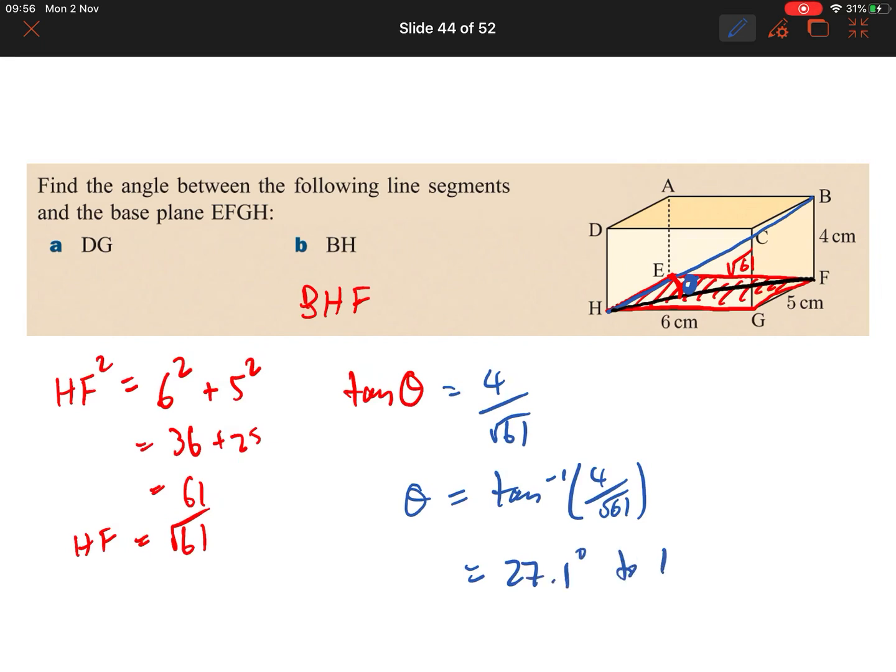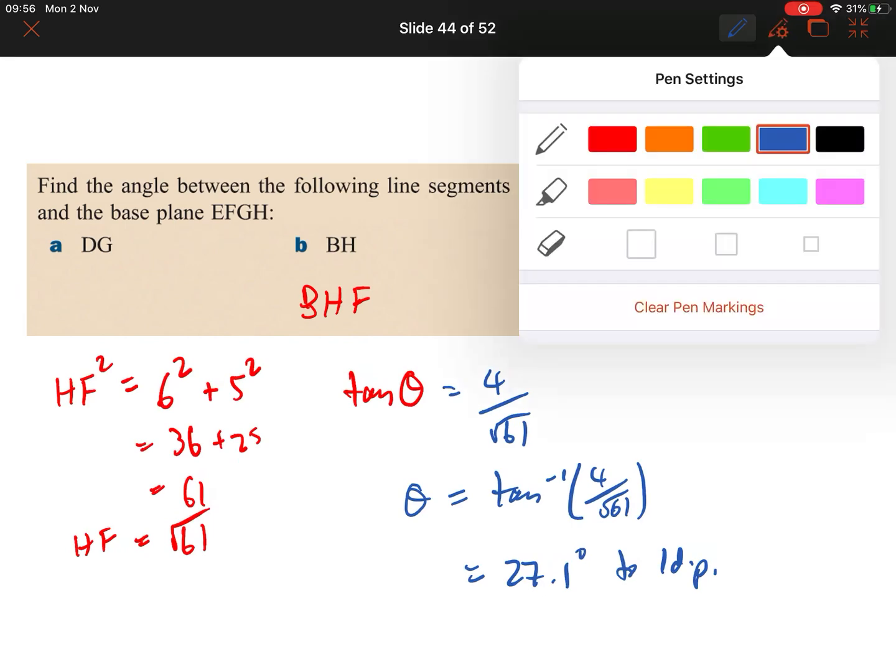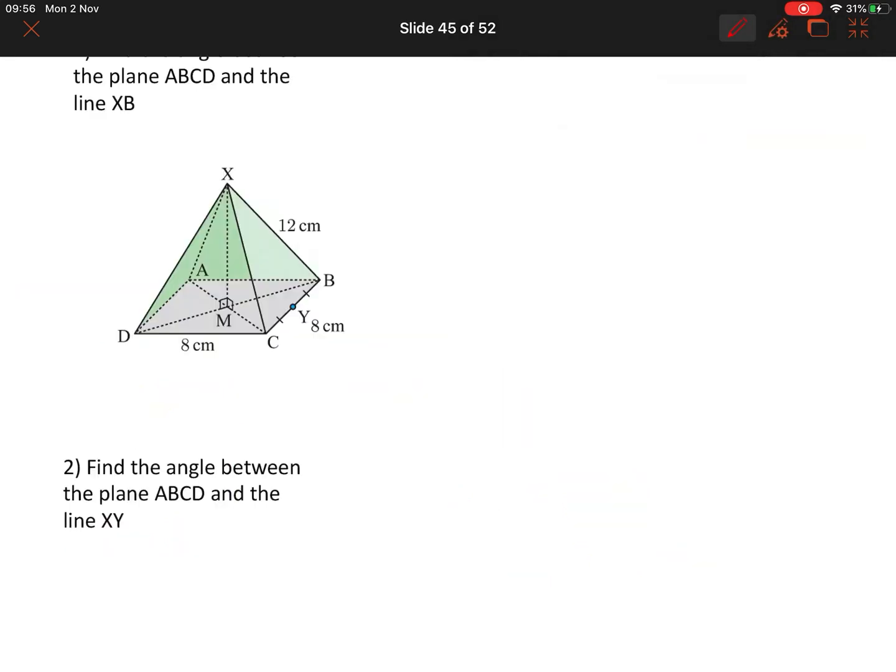And the answer, according to my calculator, is 27.1 degrees to 1 decimal place. So all you need to do is find out what angle you actually need to know, and then use a bit of Pythagoras maybe to find some missing sides of the right-angled triangles, and then a bit of trigonometry to find your angles. Nice and easy, I should hope.